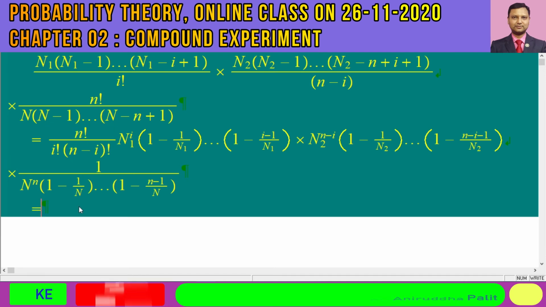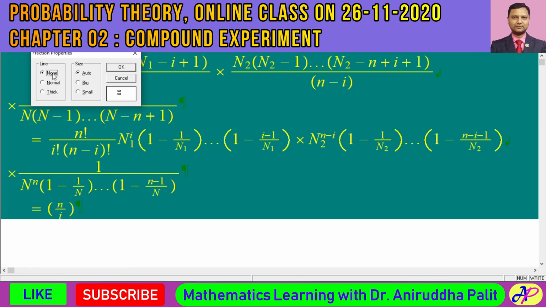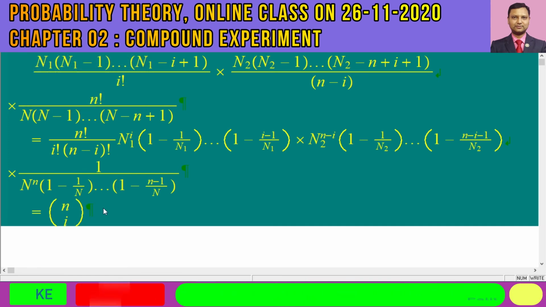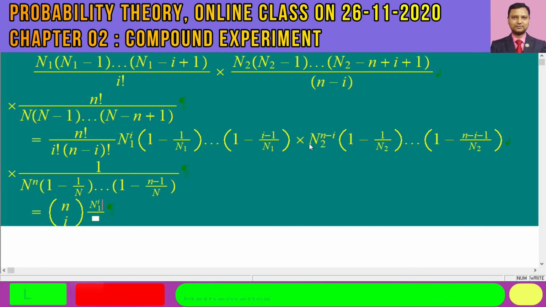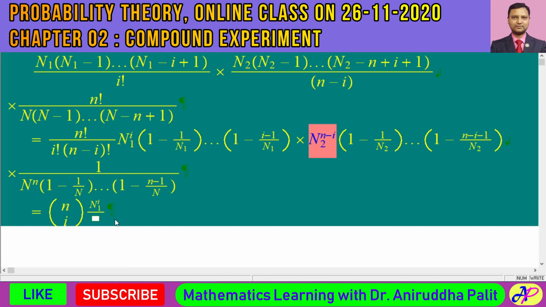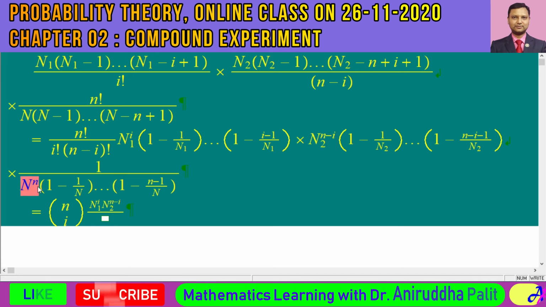This is actually NCI, that can be written in this way, NCI, and this expression n1 to the power of I into n2 to the power of n minus I divided by n to the power of n.